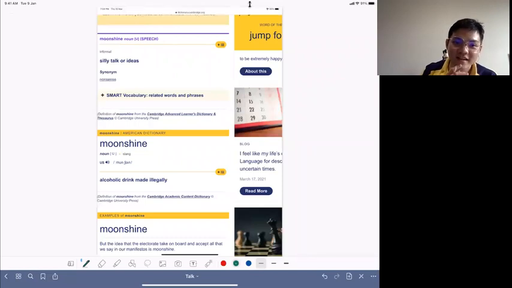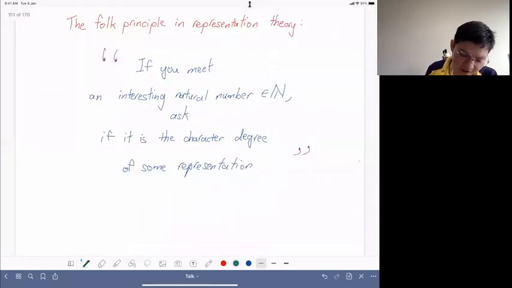So moonshine is like a silly talk, because you can't just say that something has a relation just by looking at some similar numbers, right? But in fact, in representation theory, if you ever meet an interesting natural number, you should ask if it is a character degree of some representation.